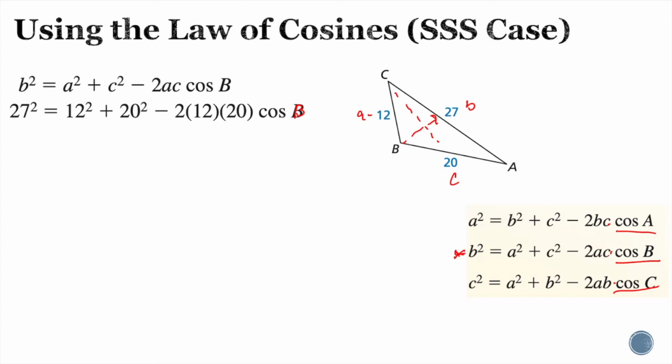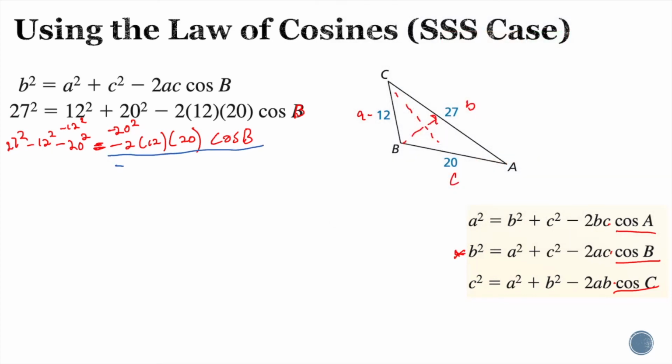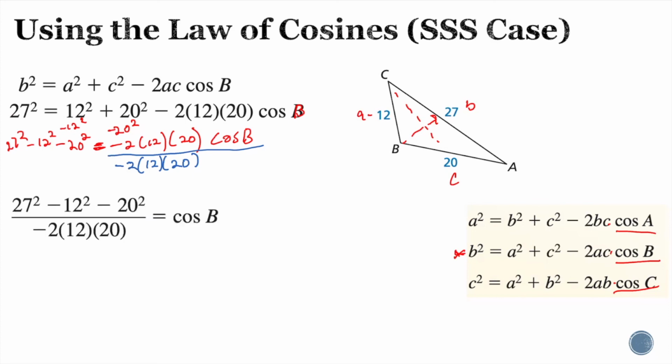So here, I need to solve for cosine of B. So I'm going to subtract 12 squared on both sides, subtract 20 squared on both sides to get 27 squared minus 12 squared minus 20 squared is equal to negative 2 times 12 times 20 cosine B. Now I must divide by negative 2 times 12 times 20 to isolate cosine of B. And that looks like this.